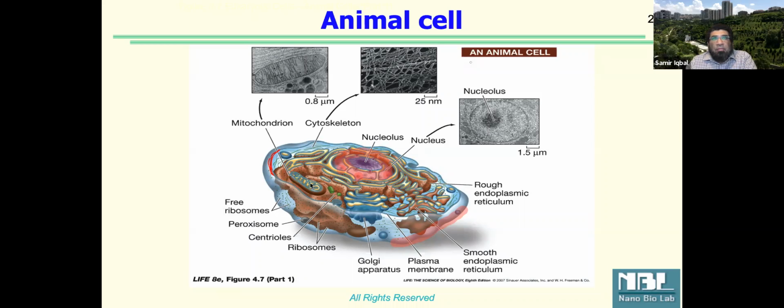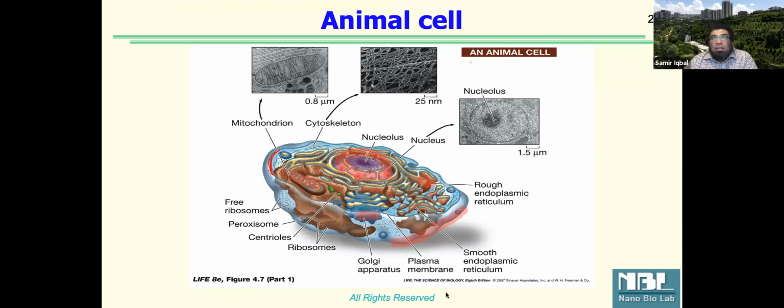We have mitochondria, endoplasmic reticulum, Golgi apparatus. Each of those things has certain jobs to do. I will not go into all of them. I'll just go through a few of them, at a very high level, where lots of bio nano interface work has been done, right?